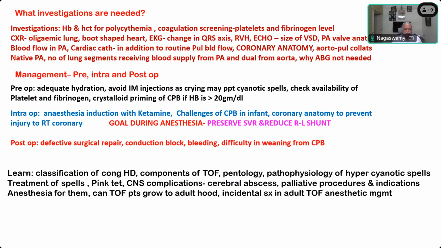So in those cases, a graded epidural or a combined spinal epidural with GA, these are the techniques which will be much safer. So the main goal in managing an adult patient with TOF is to maintain SVR, maintain SVR, maintain SVR. That is the mantra.